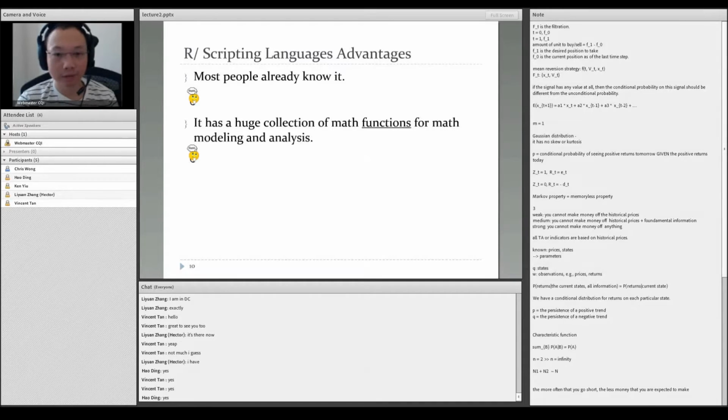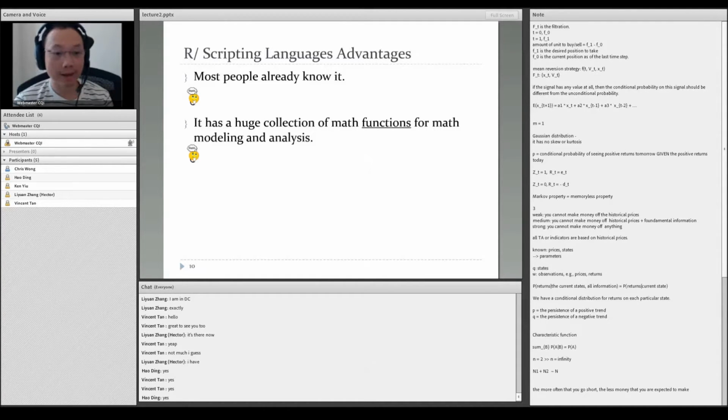The reason why people use R for quant trading is because most people know it already. If you're studying statistics in school, chances are you will spend your 4 years in school doing R programming. Okay, another advantage of R is that it comes with a huge collection of math functions for modeling and analysis.